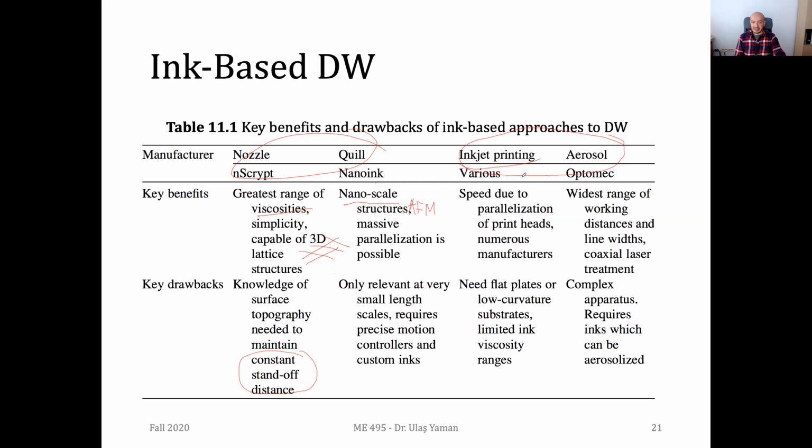Regarding inkjet printing technologies, we always need flat plates. For curvatures and form surfaces, it's not possible to use. And for the aerosol technology, the system we watched is quite complicated and expensive. This is the main disadvantage of aerosol type ink-based systems.